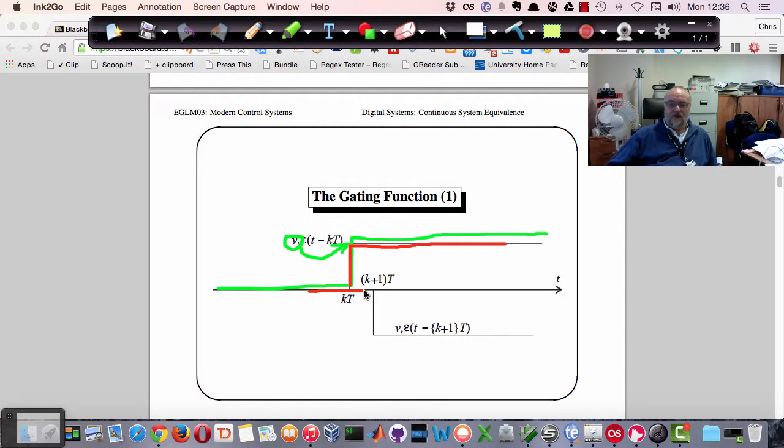And we do the same thing for the downgoing pulse. There's a unit step in red, and the actual value of v k in green is the height of that function. We call this a gating function.